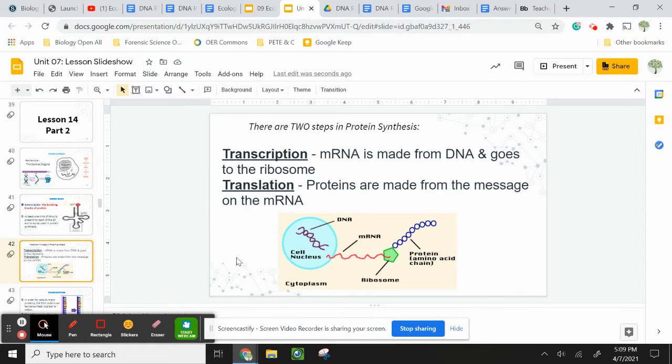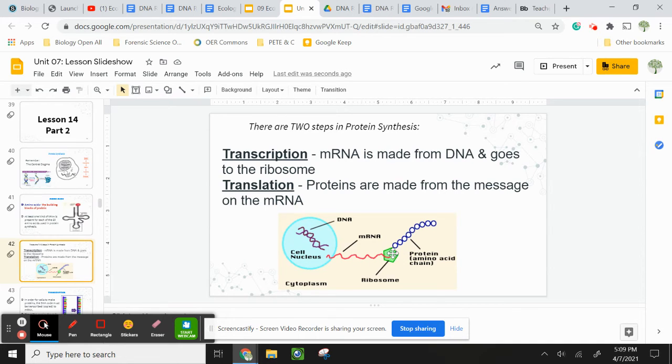To make proteins, we follow two steps: transcription and translation. Messenger RNA is made from DNA. Once it's created using the DNA as a template, the messenger RNA is going to leave the nucleus of the cell. It's going to find a ribosome.